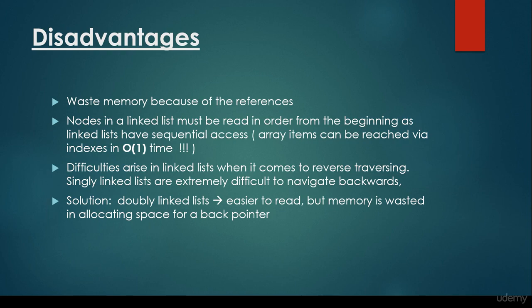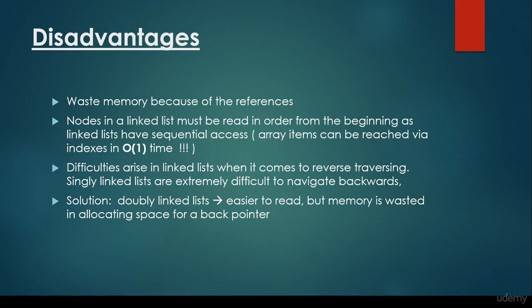Nodes in a linked list must be read in order from the beginning, as linked lists have sequential access. Array items can be reached via the indices in constant time complexity, but for linked lists, we are not able to use random access, so we have to use sequential access instead.